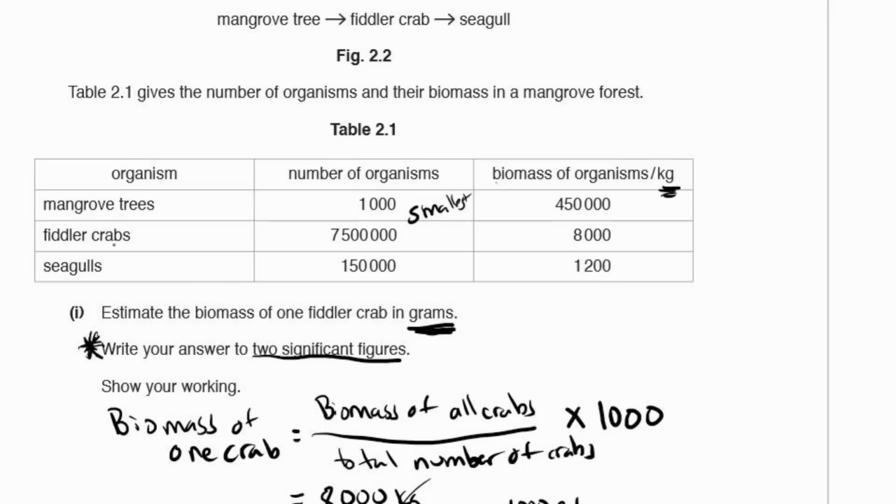And we have 7,500,000 fiddler crabs, largest, and 150,000 seagulls, middle. Obviously a pyramid of numbers, pyramid of biomass, they're just rough estimations unless you're given graph paper to do it on. Okay, so we make a small bar, then a huge bar, then a bar in between.